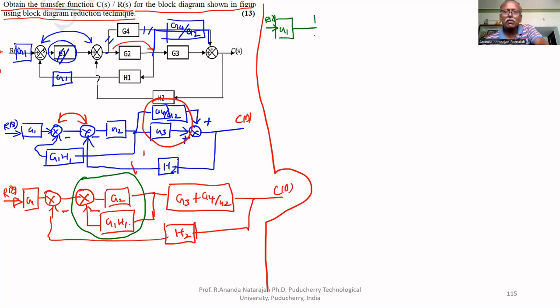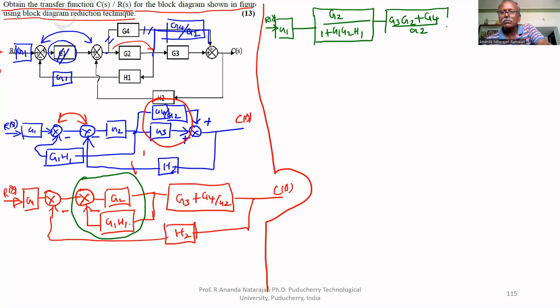If you simplify this part, it becomes G2 divided by 1 plus G1 G2 H1, multiplied by G3 plus G4 divided by G2, that is (G3 G2 plus G4) divided by G2.